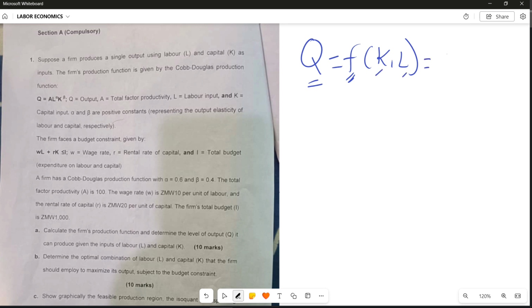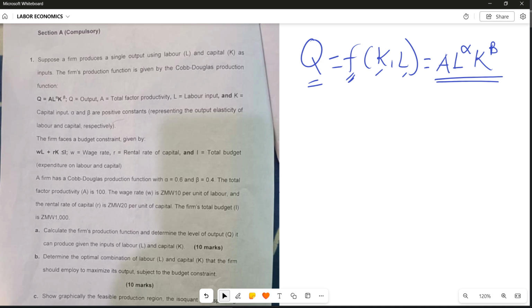And this is equal to A L to the power alpha, then capital K to the power beta. In short, that is the general form of a Cobb-Douglas production function: A, L raised to the power alpha, then capital raised to the power beta.